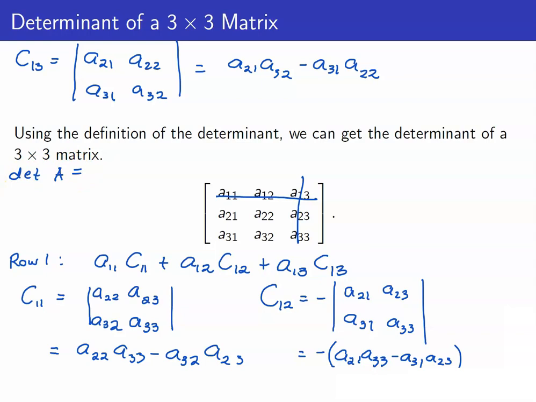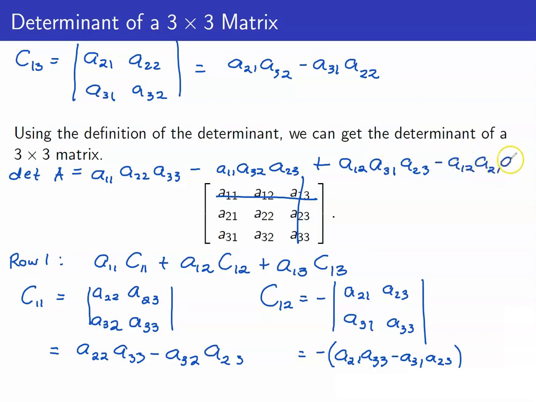So therefore, the determinant of A would be given by, first, this one, A11 times C11 times this, so we have A22, A33 minus A11, A32, A23 plus, I'm now on my second term, A12 times C12. So this was already positive. So we have A31, A23 minus A12, A21, A33.